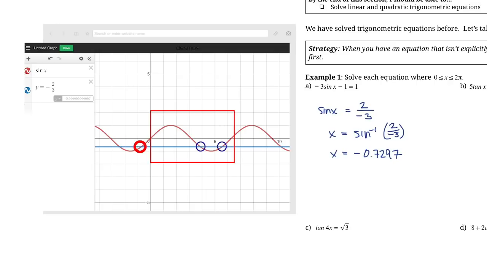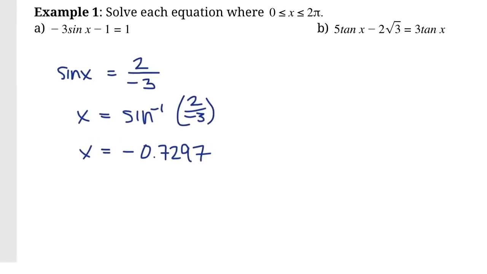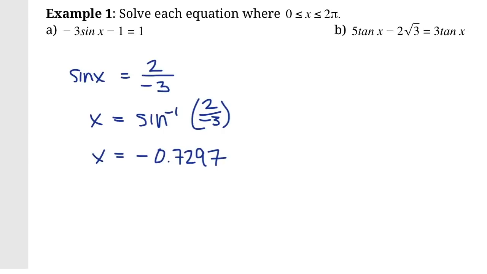Let's actually go back to our question and let's change some things up. So when we get to this point where the sine is isolated by itself, sine x equals 2 over negative 3, remember, we can draw a sketch of this. Where is sine going to be negative? The answer is down here and down here, right?